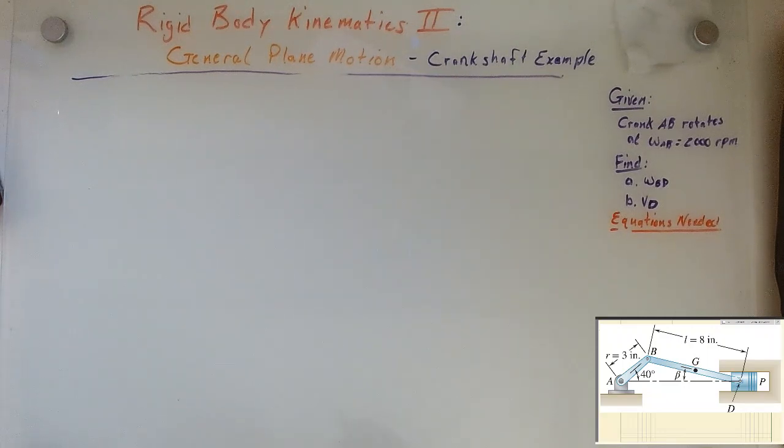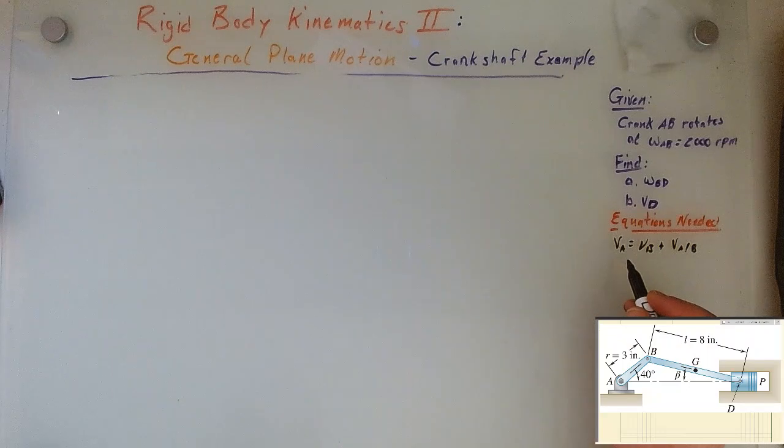I think the equations we're going to need are the relative motion equation, so VA equals VB plus VA with respect to B. Okay, and I also think that we're going to need the equation that relates linear velocity to angular velocity, right?